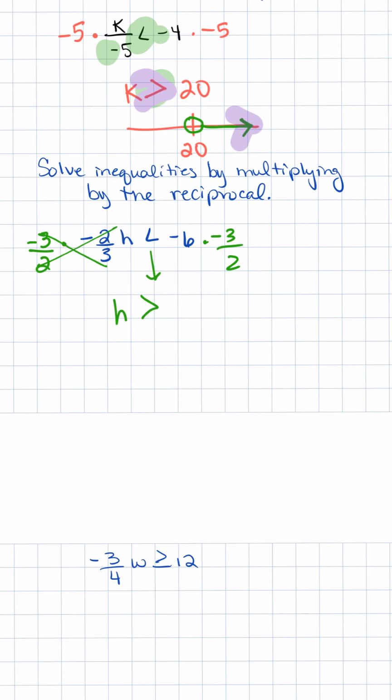And so then we could do 6 times 3, a negative times a negative is a positive, 18 over 2. 18 divided by 2 is 9. Here is our inequality. We are going to do 9, open circle, the arrow facing this direction. Okay?